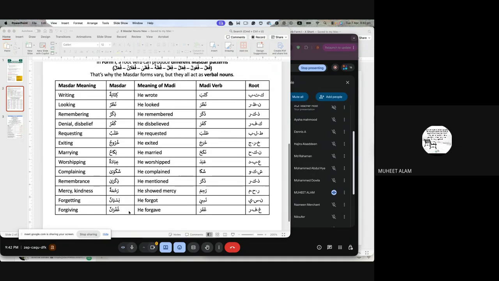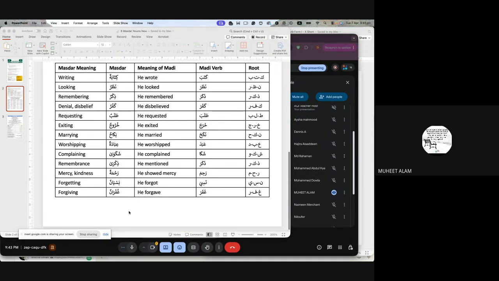So the first root is kataba. You don't have to look at whether the pattern is matching now. Just for them to hear that this is a pattern, another is a pattern, like that. The root is kataba.